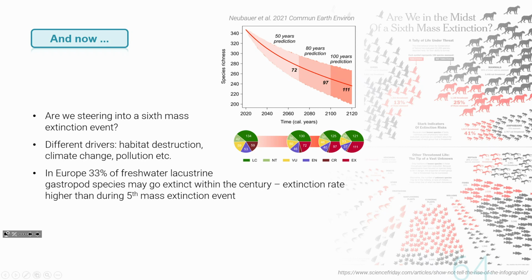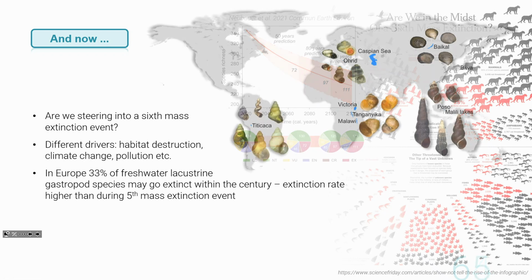And that's not only freshwater gastropods. Two years ago there was a paper about different groups of mammals, so about the bats, maybe even reptiles, so vertebrates of some sorts, and in all those groups the rates were skyrocketing and several orders of magnitude higher than during any of these other mass extinctions.